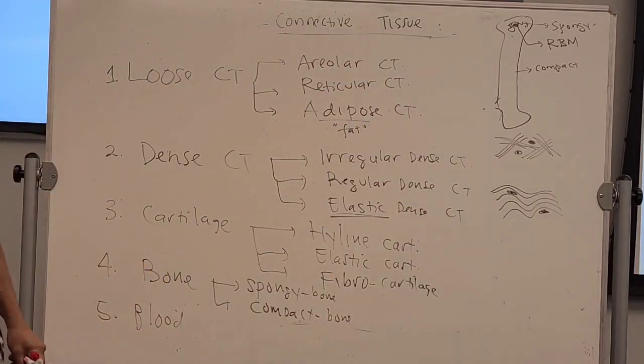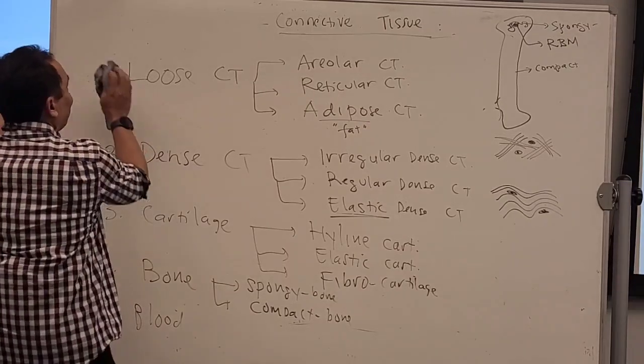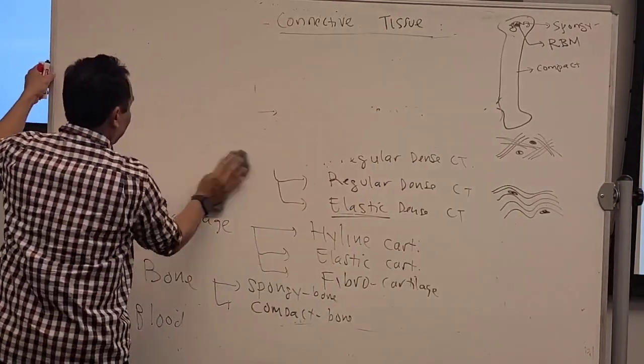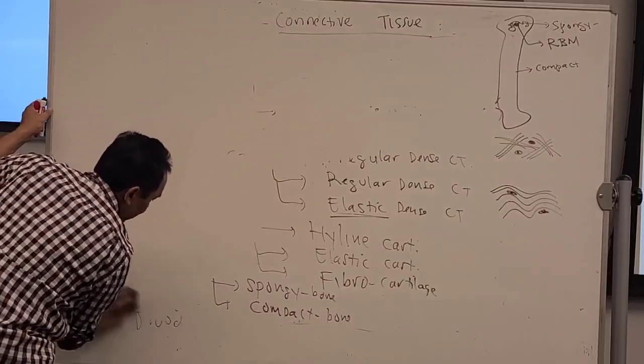Now it's the next one. After connective tissue, after CT, we have MT. What is MT? Muscular tissue, or muscle tissue.